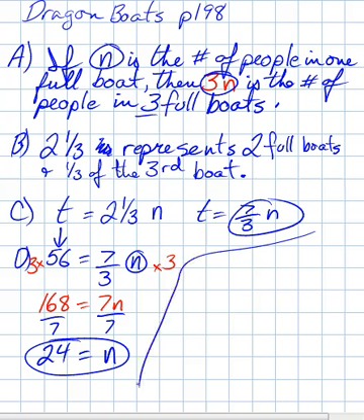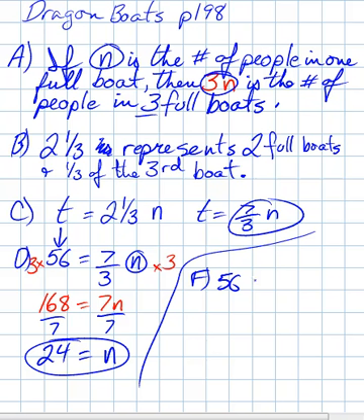Finally, F says, find out how many other people are needed to fill the third boat. Well, we know that there are 56 people in total registered, and there are 24 people per boat.